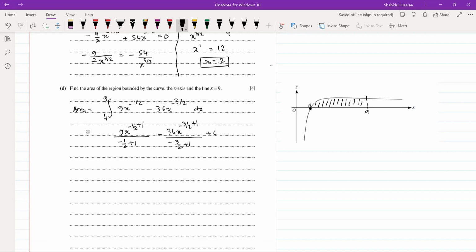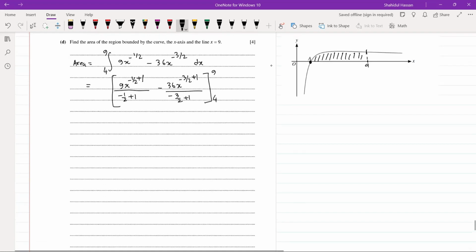We have plus c here, but we are finding area, so we don't need the constant c. Rather, we're going to put a limit here. The limit should be 9 to 4 because this is a definite integral.